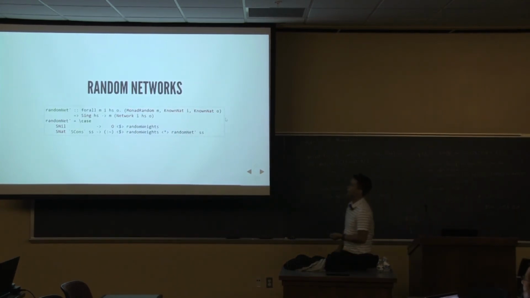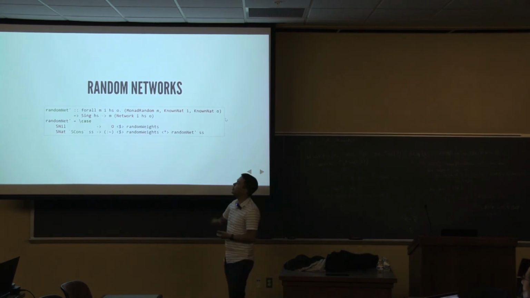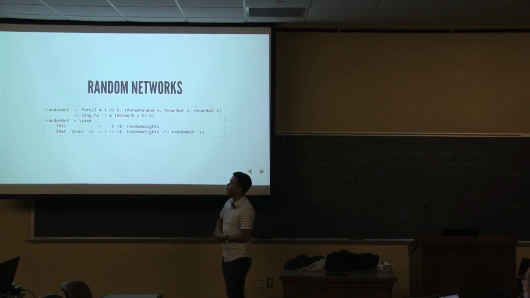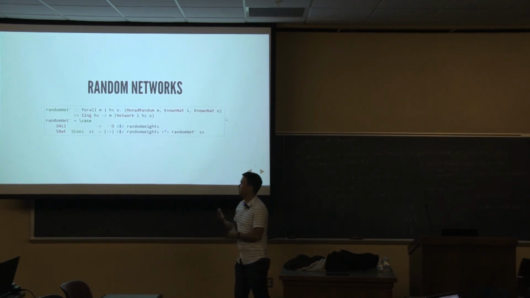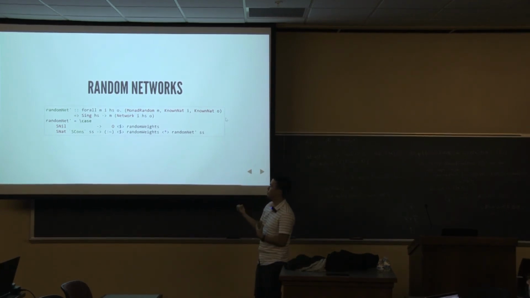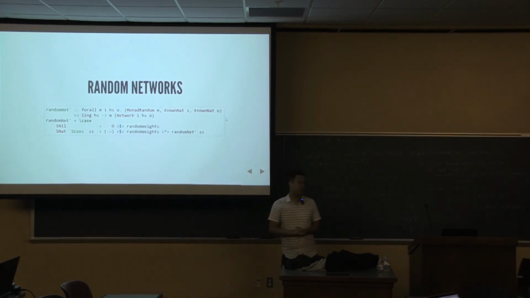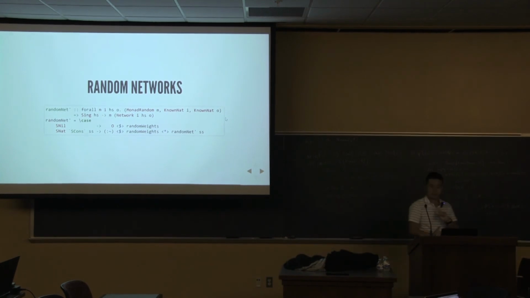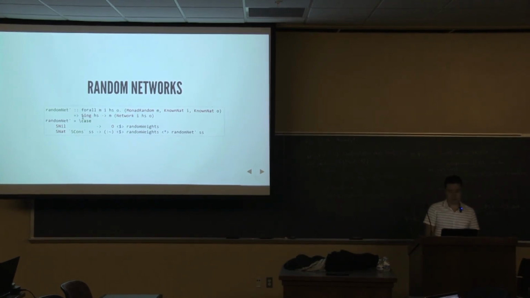So we can make randomNet take an extra parameter, a singleton, as input. We'll pattern match on it. This is LambdaCase syntax. I use it because I don't like thinking of new names for things, so it lets me just pattern match in a point-free way. So let's walk through this very slowly. We use a singleton witnessing the type Hs.